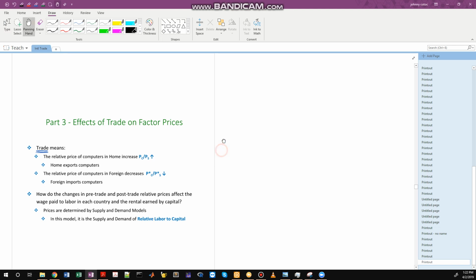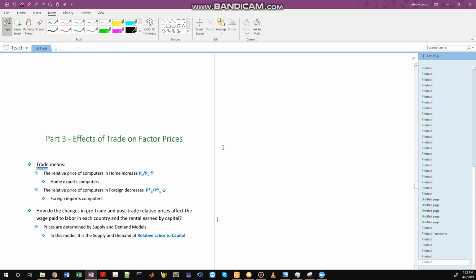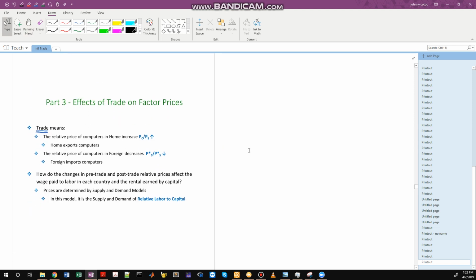First things first, in the Heckscher-Ohlin model, what does it mean when there's free trade? When a country opens to trade, it means that the relative prices change. For trade to occur in this model, the relative price of the good that's produced with the country's abundant factor has to go up.